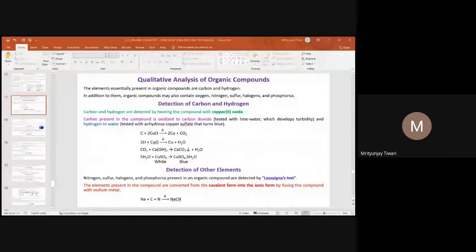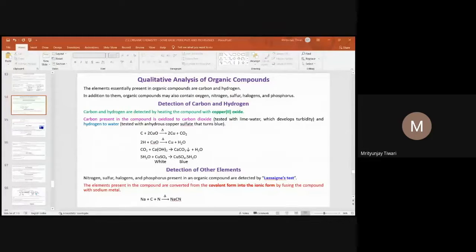After a certain time, we see the formation of sodium fusion extract. The organic compound will be dissolved and a solution will be formed, which we call the sodium fusion extract. Using that sodium fusion extract, we try to detect the presence of other elements.